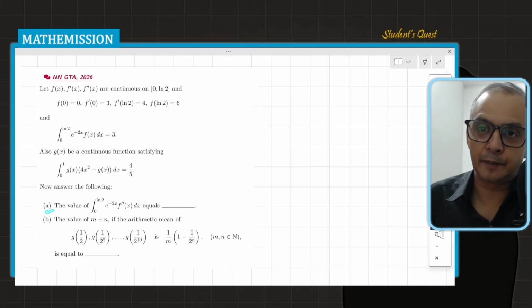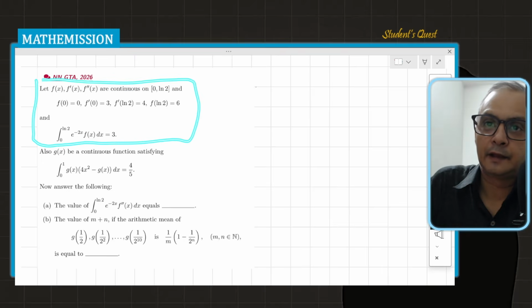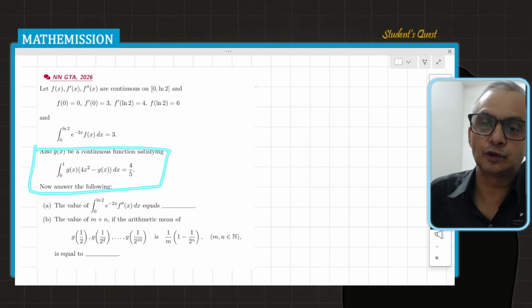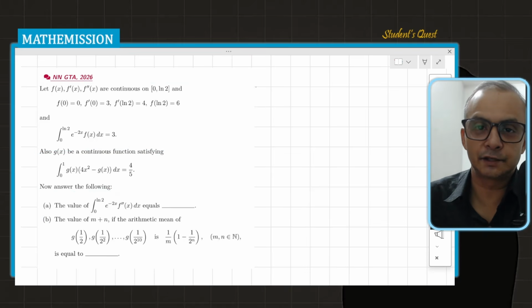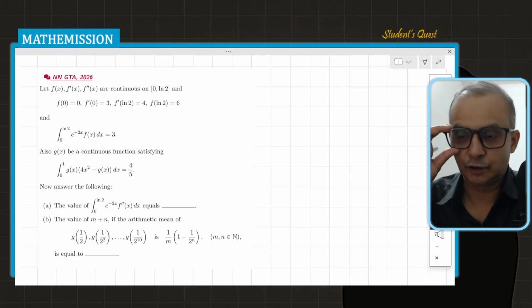But for part A, we have to use the information up to here, and for part B, I have to use other information. So basically, there are two questions which are disconnected from each other in this paragraph. Anyway, let's try to solve this.